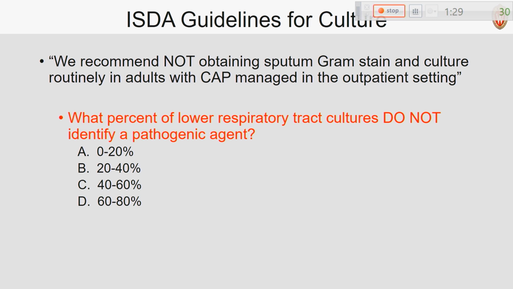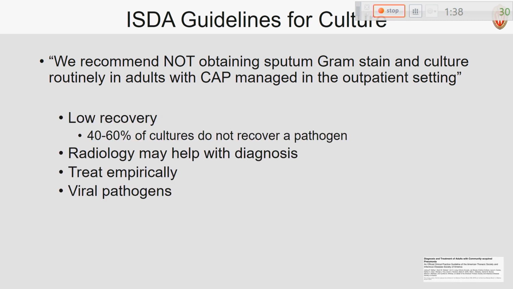And I think Tyler did this one already in regards to gram stains, but what percentage of lower respiratory tract cultures do not identify a pathogen? Super low recovery. Again, it has a lot to do with the quality of the specimen and the fastidiousness of the organisms that we're culturing for. So really the IDSA guidelines are to manage these empirically.